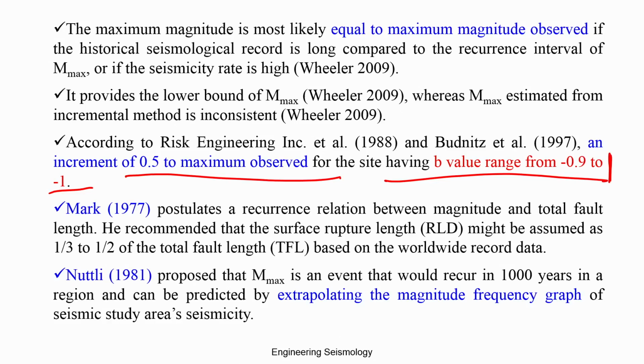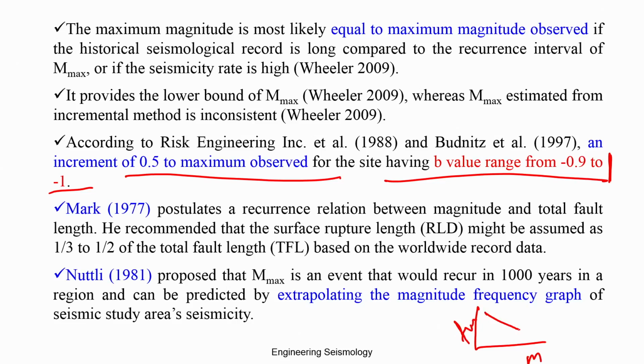Next, NPTEL proposed that the maximum event that would recur in a 1000 year region can be predicted by extrapolating the magnitude frequency graph of the study region. So you can prepare a magnitude frequency graph, then extrapolate to the x axis. The magnitude frequency graph is basically this: this is your m, this is your frequency.